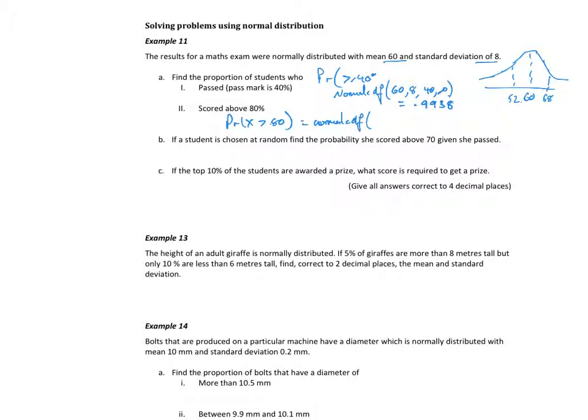Using the format of the calculator, we'll write it as a lower bound, upper bound, so it's above 80%, so it's 80 to infinity for a 60, 8 distribution, and that gives me 0.0062.